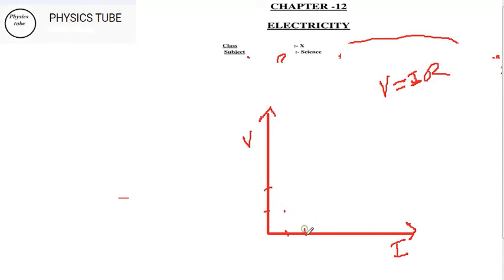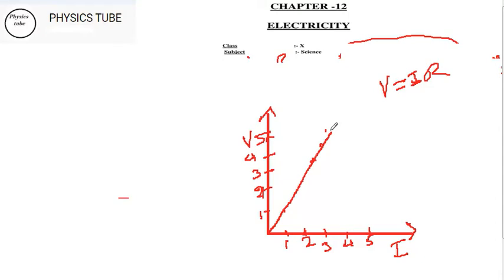Second case, if voltage shows 2, suppose this is 1, 2, 3, 4, 5, and here also I have 3, 4 and 5. In the ideal case, it should be 2. At 0 it should be 0. When current is 3, voltage should be 3. Current is 4, voltage is 4. Current is 5, voltage is 5. So it is going to be a straight line. That is very simple for you.